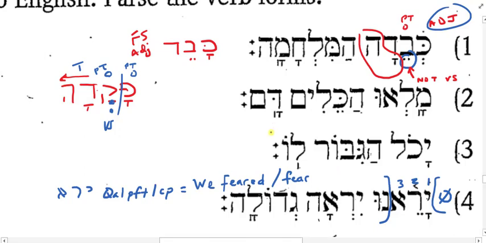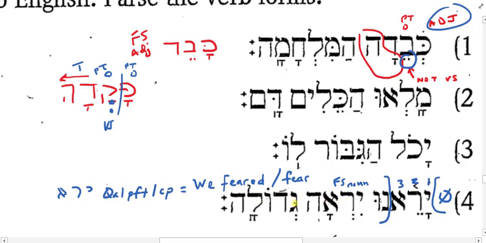Okay? And then yirah gedolah is using a feminine singular noun along with it. Now here's the question. What is yirah? Fear as a noun. What is gedolah? Great. What kind of word is gedolah? It's an adjective.